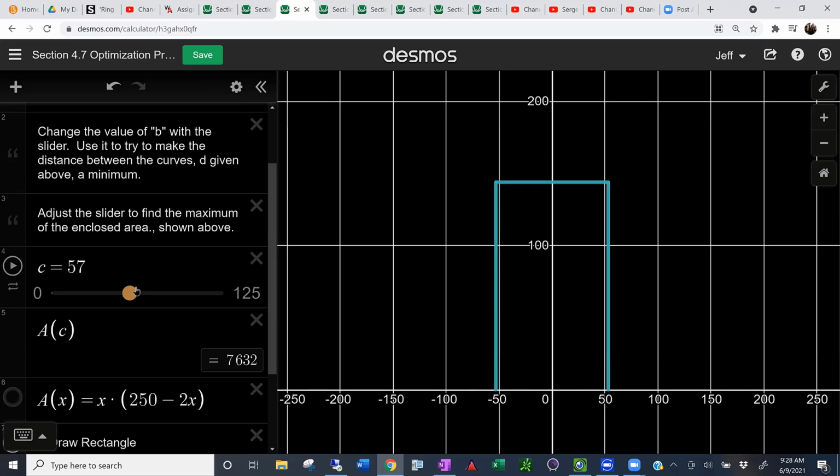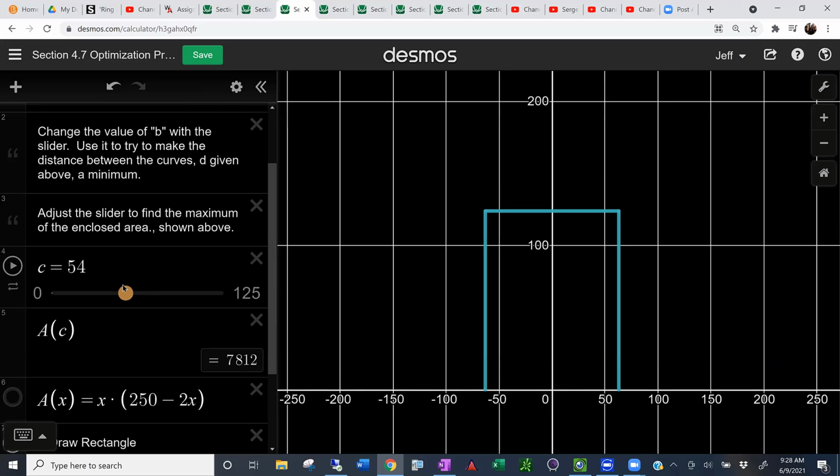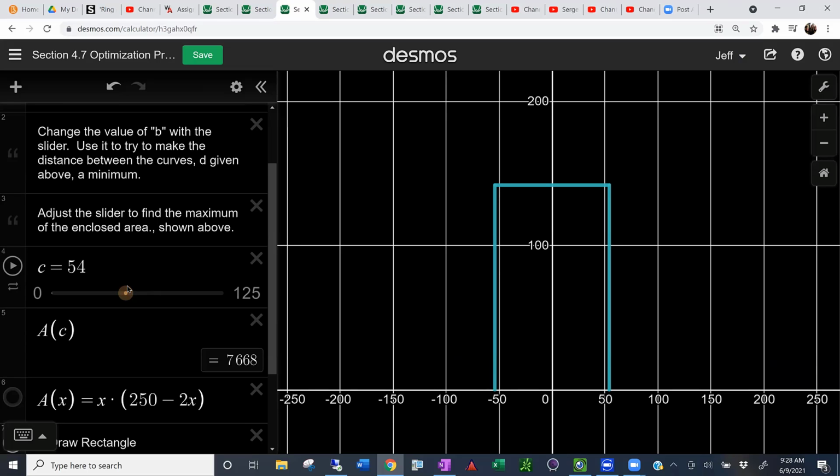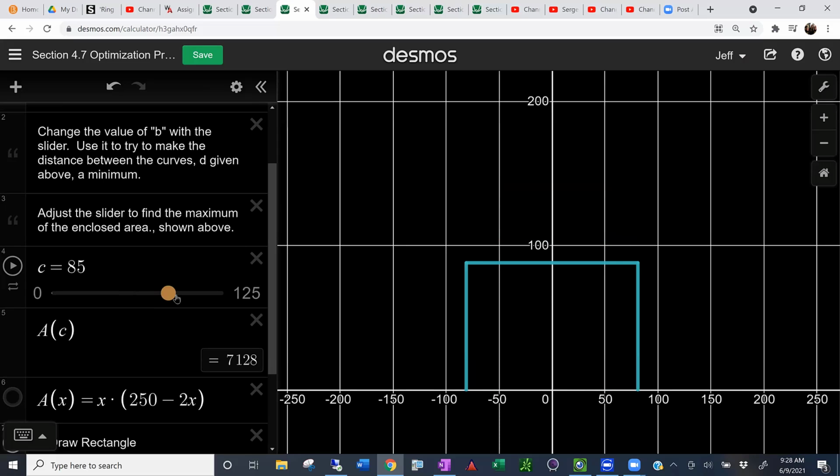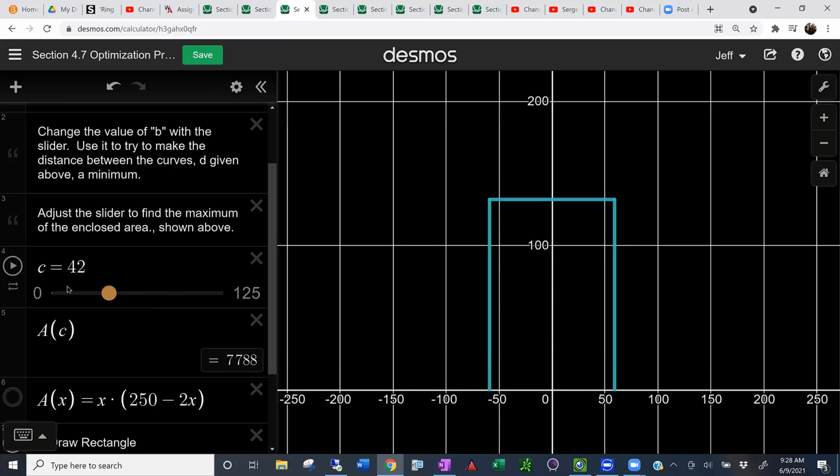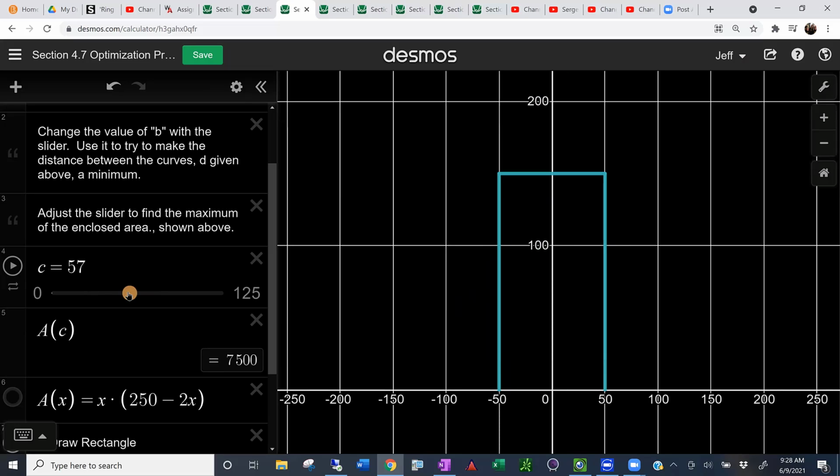So somewhere around here there's a maximum, but I don't know exactly where it is. That's where we're going to use the calculus. But hopefully you've got a good idea of what's going on here. There's a trade-off between height and width. Which one gives you the most area?